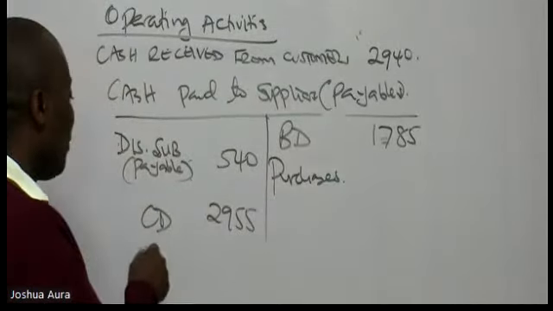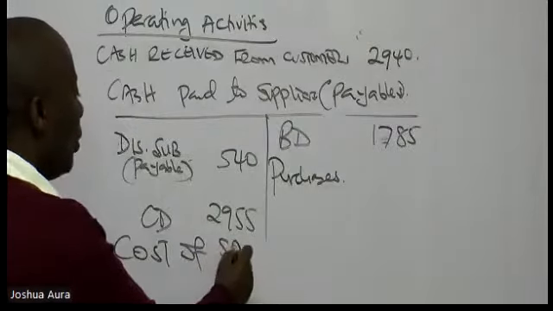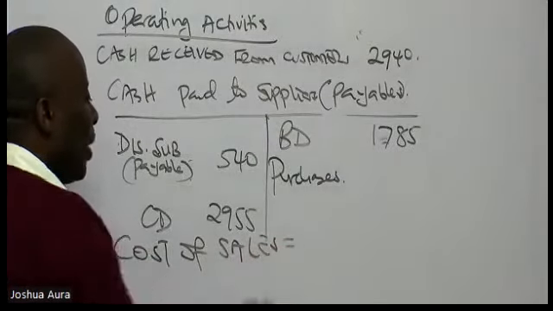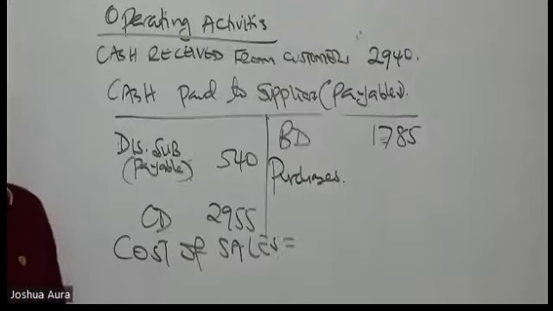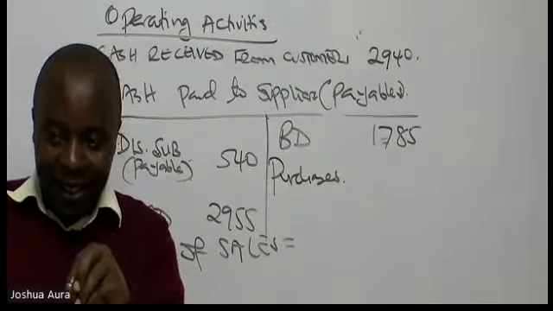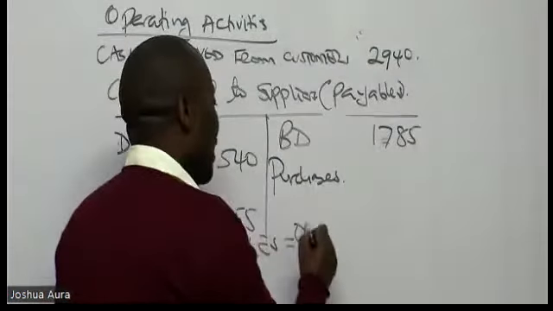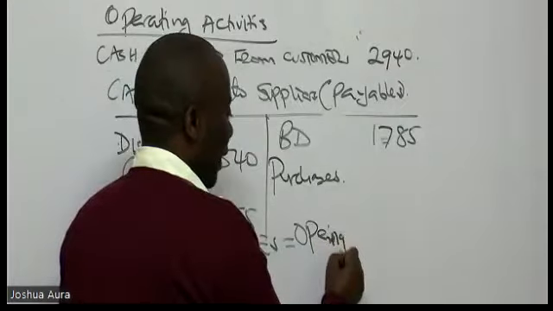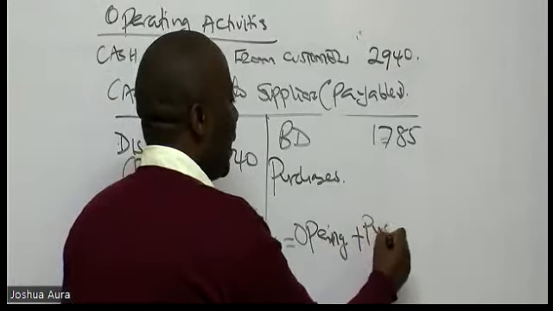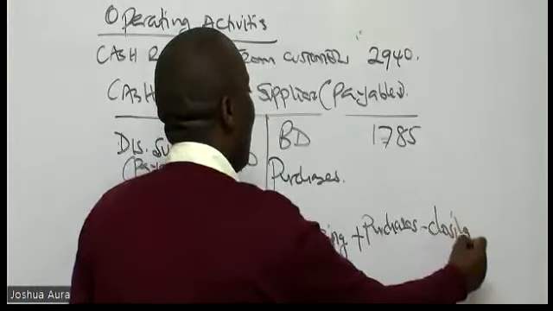When they want us to give them cost of sales in the income statement, what do we normally do? Opening plus purchases minus closing stock. So we have opening inventory plus purchases minus closing inventory.